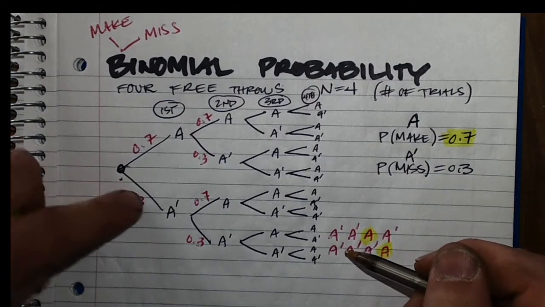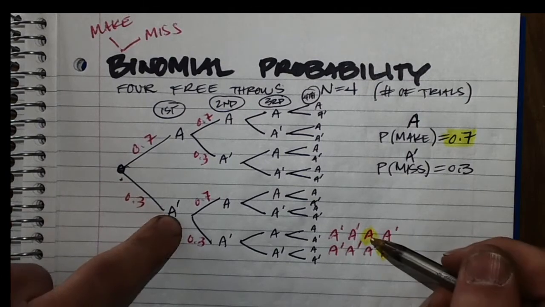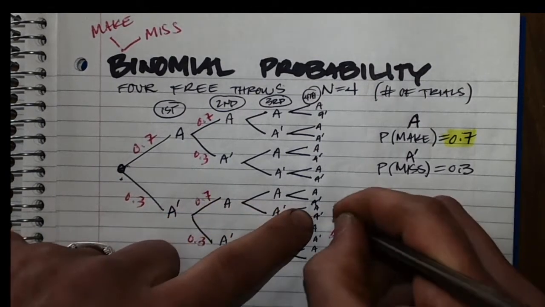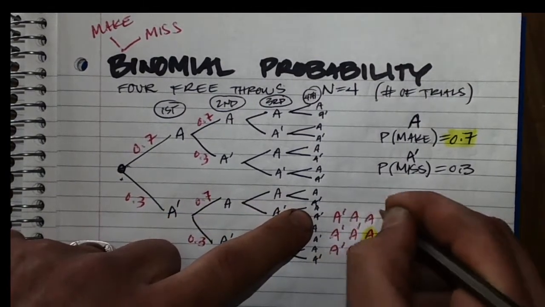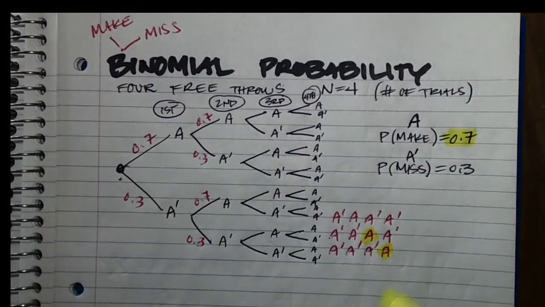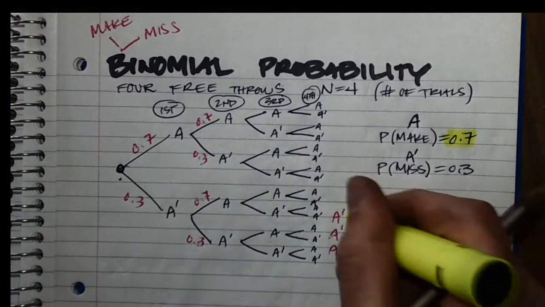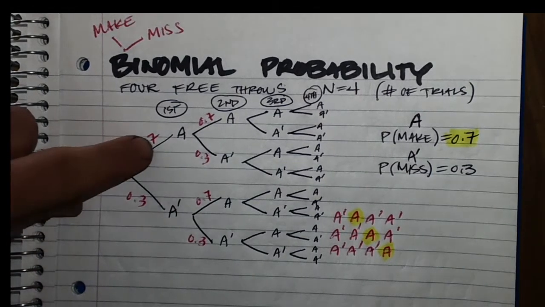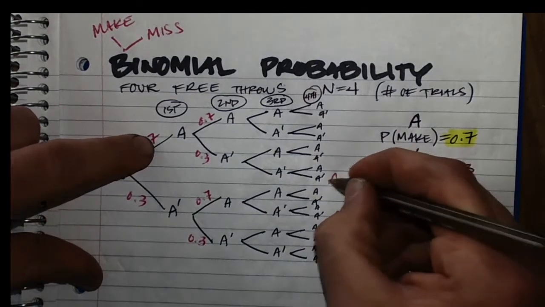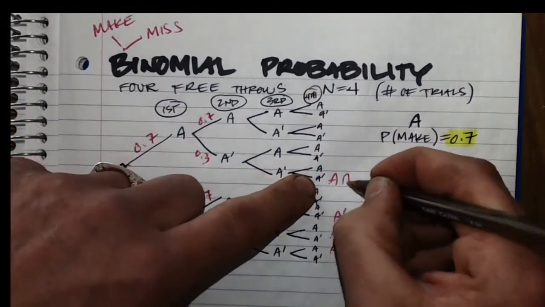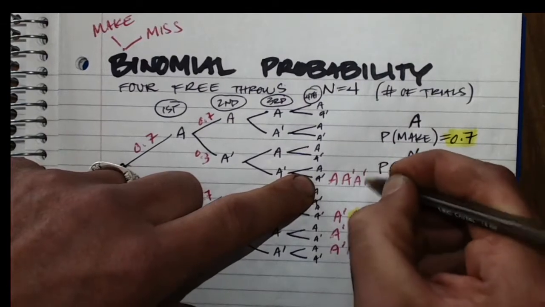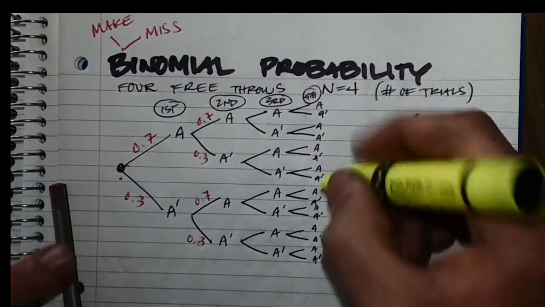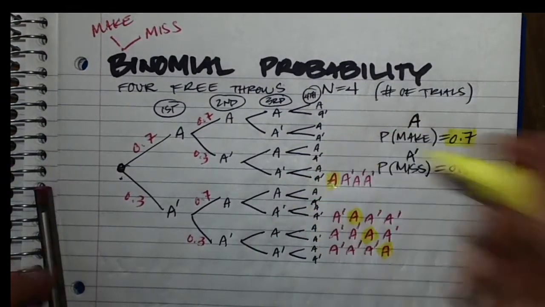Otherwise, you could do a miss, make, miss, miss. That's this one. And then the last one is where he makes the first one, but miss, miss, miss. Okay, those are them. Those are the 4.